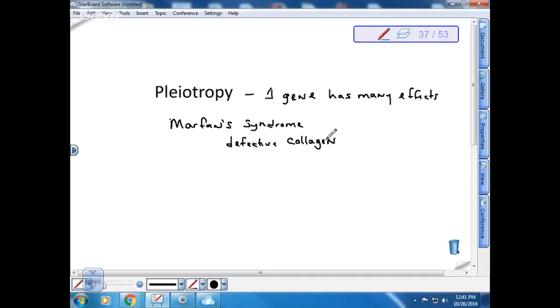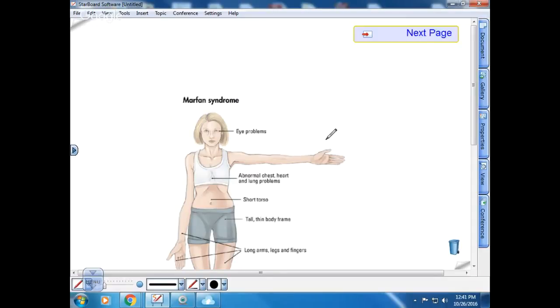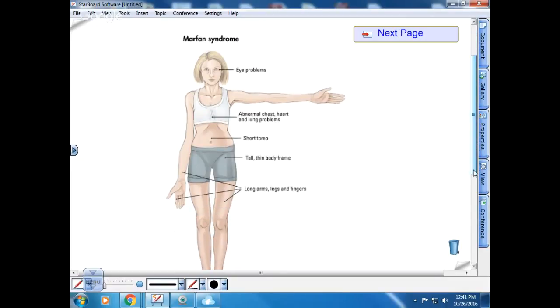So these individuals tend to have these characteristics, right? They tend to have eye problems. They tend to be very, very tall, and they have heart and lung problems, and they have very long arms, fingers, and toes. So what do you think? There was a president that we think had this particular condition, is dead now.